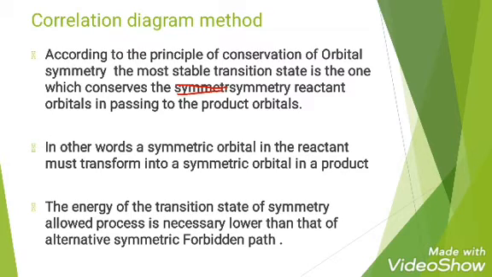So, the transition state must conserve the symmetry of reactant orbitals which are passing to the product orbitals. In other words, a symmetric orbital in the reactant must transform into a symmetric orbital in the product.